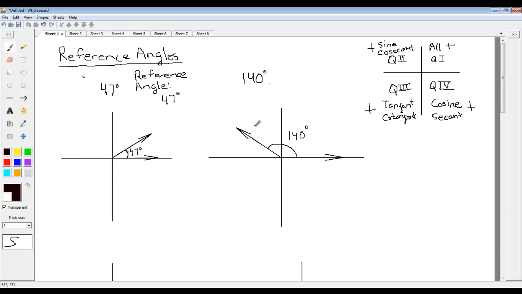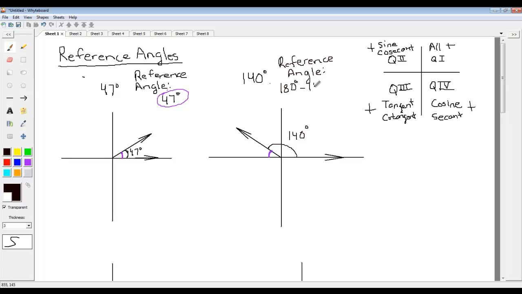But if we want to work on trying to find the numerical values, what we can do is use the reference angle. The reference angle is the angle that the terminal side makes with the x-axis in that quadrant. Like earlier, over here, the terminal side made a 47 degree angle with that x-axis. But on this one, the way we figure out the reference angle is we see that going all the way over to the negative x-axis would be 180 degrees.